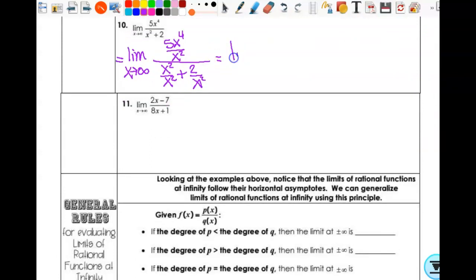Then I simplify the limit as x approaches infinity of, so in the numerator, I'm left with 5x squared. In the denominator, I'm left with 1 plus 2 over x squared.